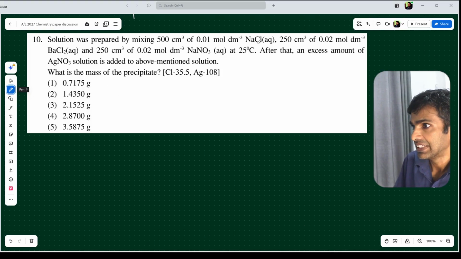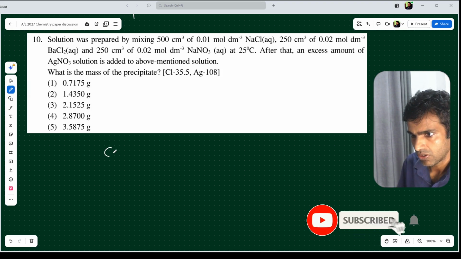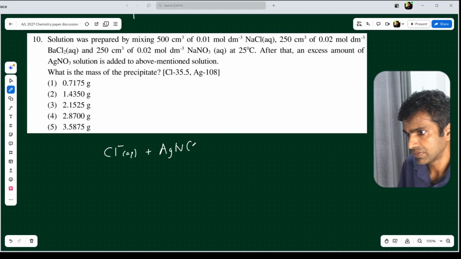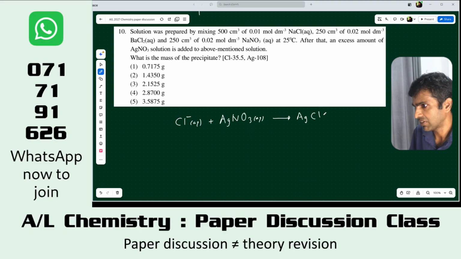So it's clear that chloride ions are there in the prepared solution. Chloride ions react with silver nitrate to form silver chloride. We know that silver chloride is a precipitate.